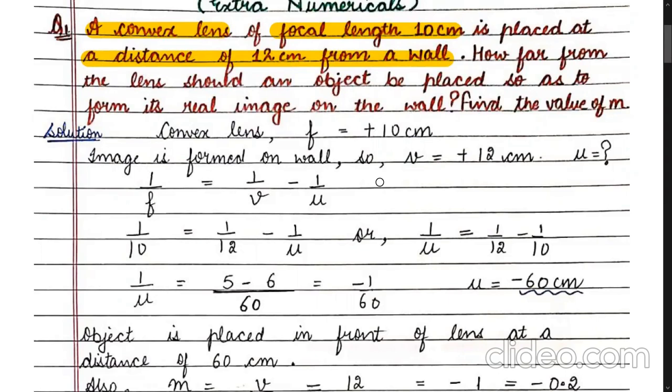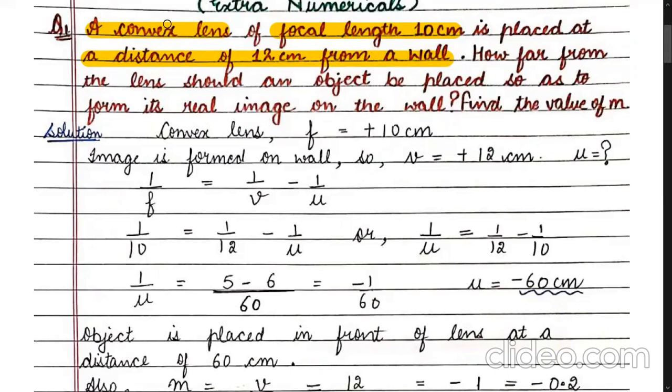See, it is given that a convex lens of focal length 10 centimeter. The thing to be remembered is that a convex lens always has a positive focal length, while a concave lens has a negative focal length.